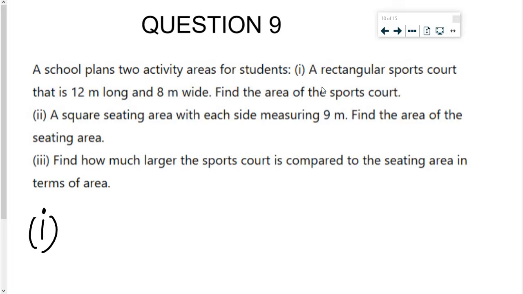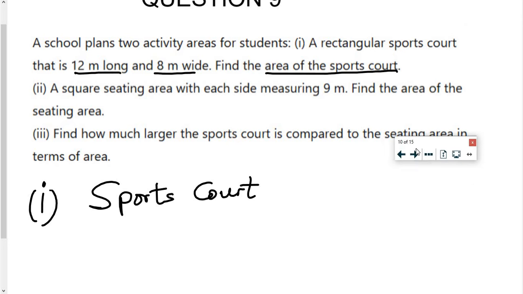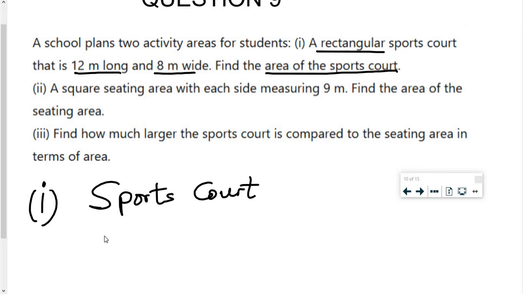The first one, a rectangular sports court that is 12 meters long, 8 meters wide. Find the area of the sports court. So here you write sports court. Sports court takes the shape of a rectangle.